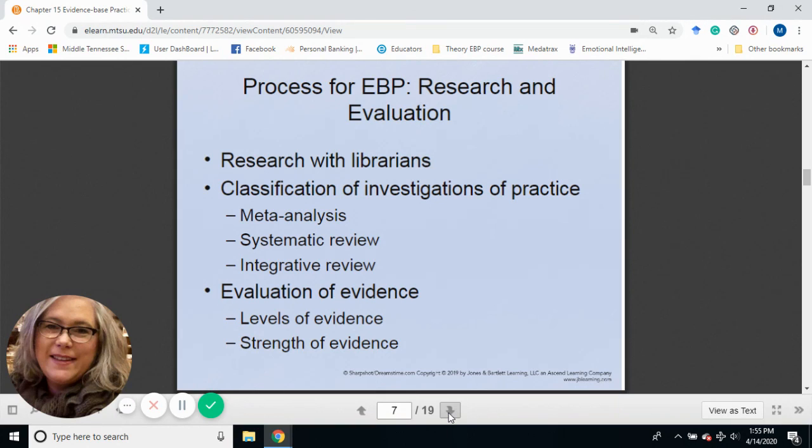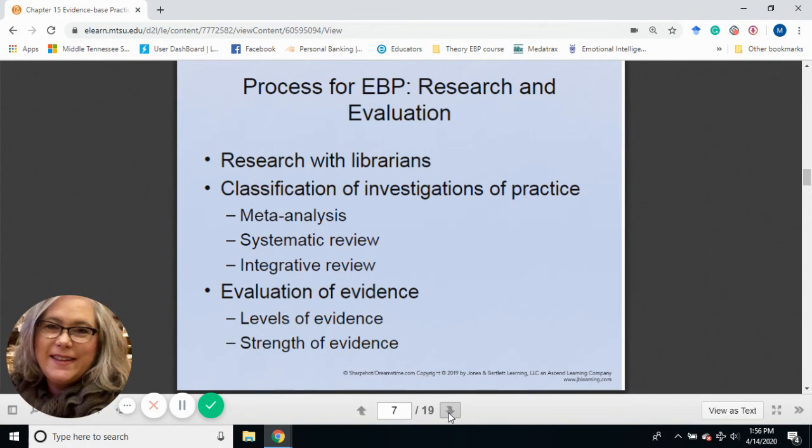We'll use our librarians to help us with literature reviews, look at meta-analysis, systematic reviews, integrative reviews, what knowledge base is out there that helps guide us to where we need to go with our problem. Look at the levels of evidence, strength of evidence. Review chapters 1 through 3, especially those charts, flow sheets, figures about levels of evidence. That'll come back on this last exam.